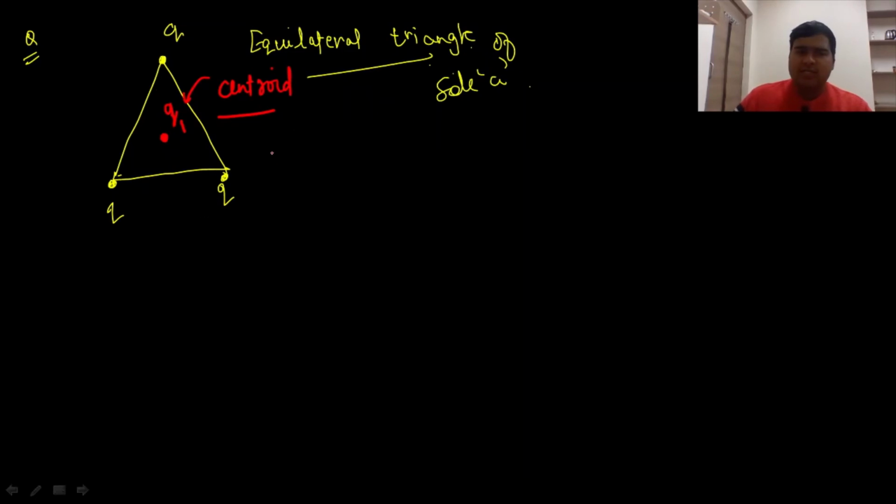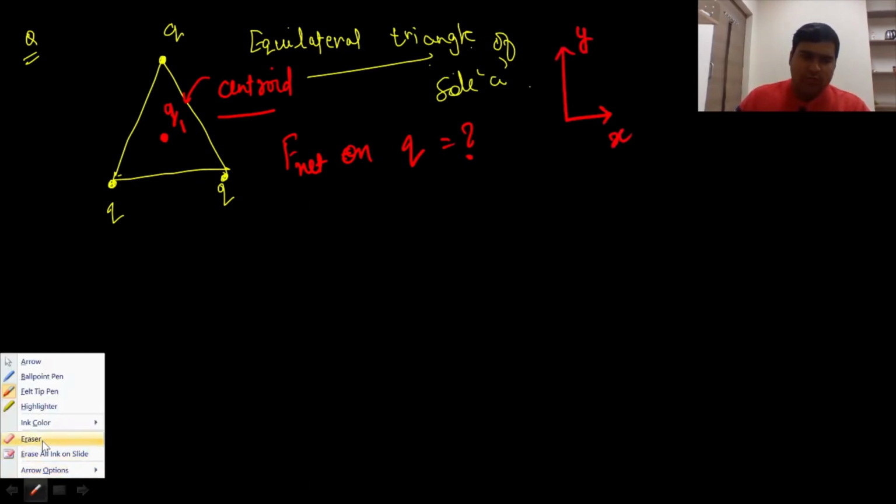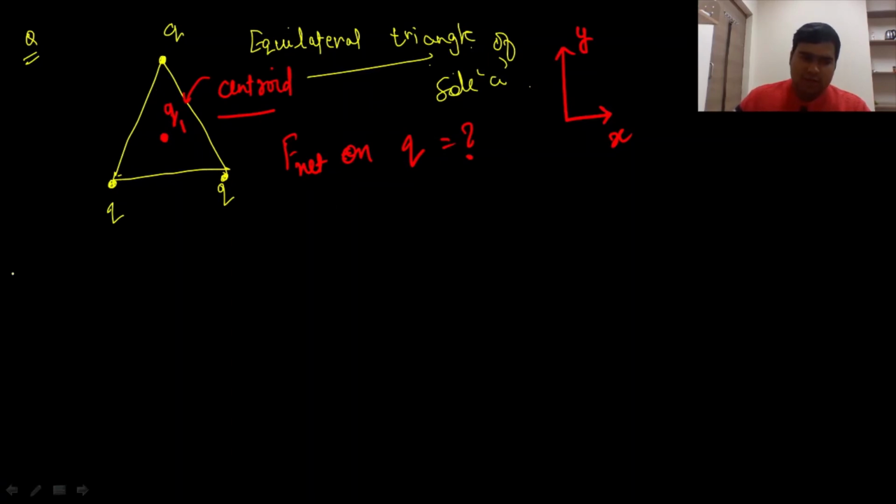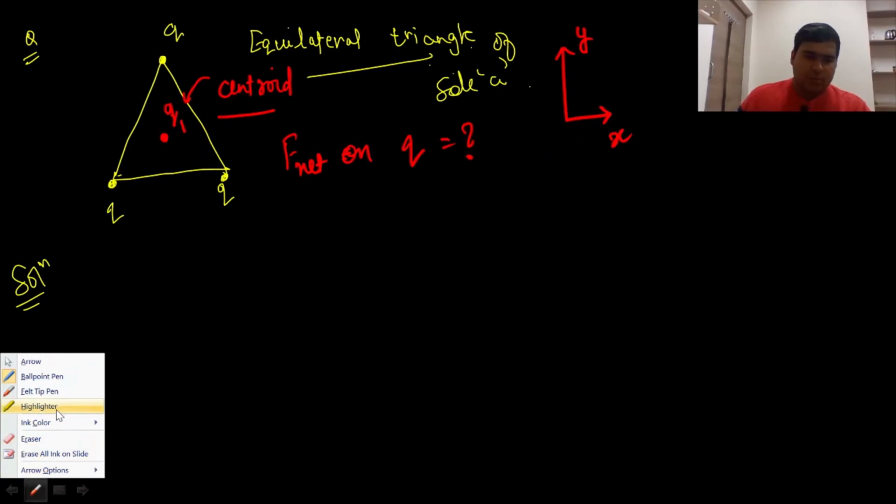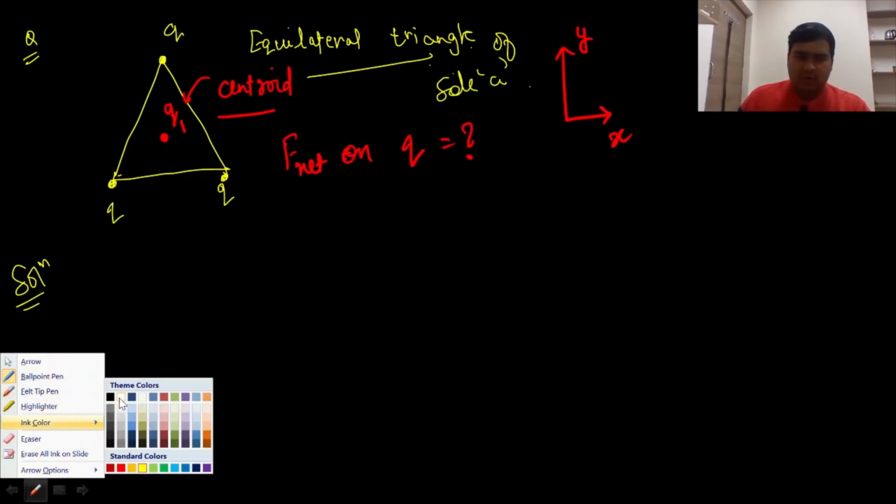And I'm asking you, the net force on q1 is equal to what? For direction, assume this is x and this is y. So just pause your videos and solve it on your own, and if you face any problem, we'll solve it together. So I hope until now you have solved it.